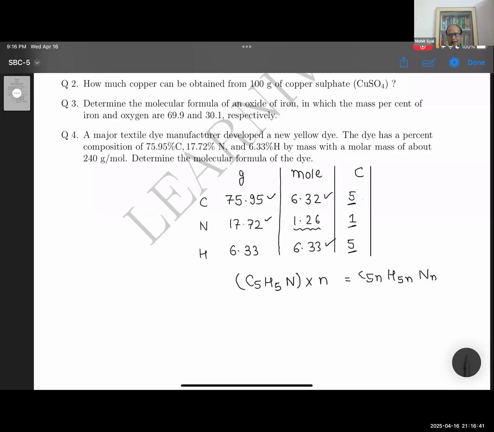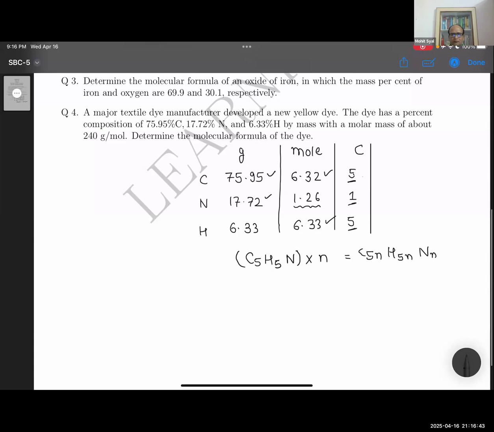Similarly, you can do the same thing for the mass also. The empirical formula mass times n will give you the molar mass of the compound. The molar mass of the compound is given, you can see this is 240.